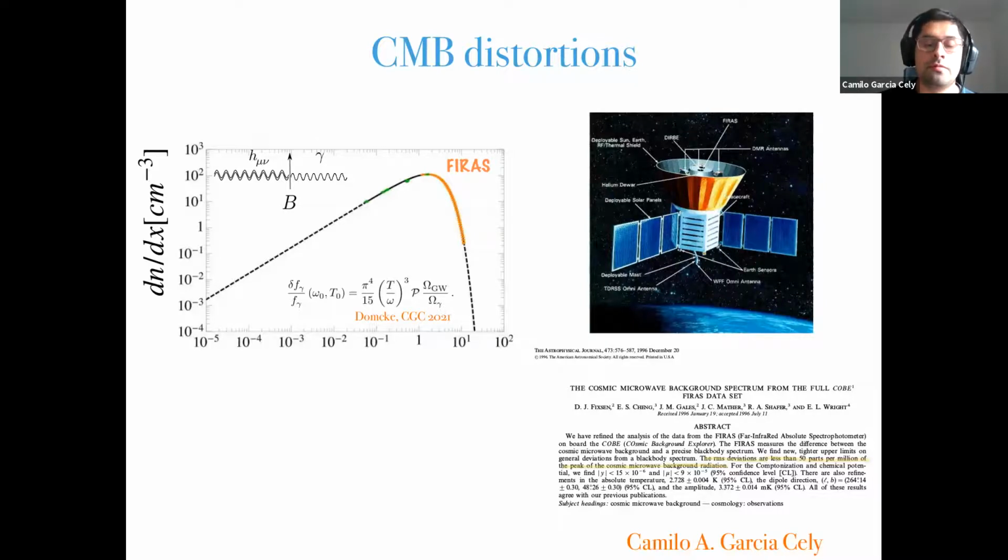I mean, you find that the distortion of the black body spectrum is just proportional to this conversion probability that I was showing before. That's actually the reason why we were interested in that P. Good.